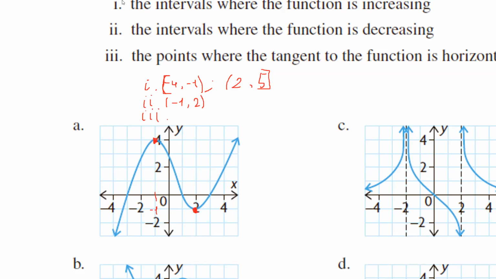I'm not sure exactly. So what is tangent? Tangent is derivative, right? Yeah, the derivative. So tangent horizontal means derivative equals 0.